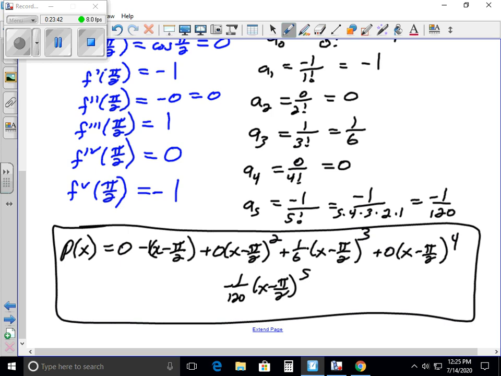So this would be a fifth degree polynomial. There would be an approximation for cosine.